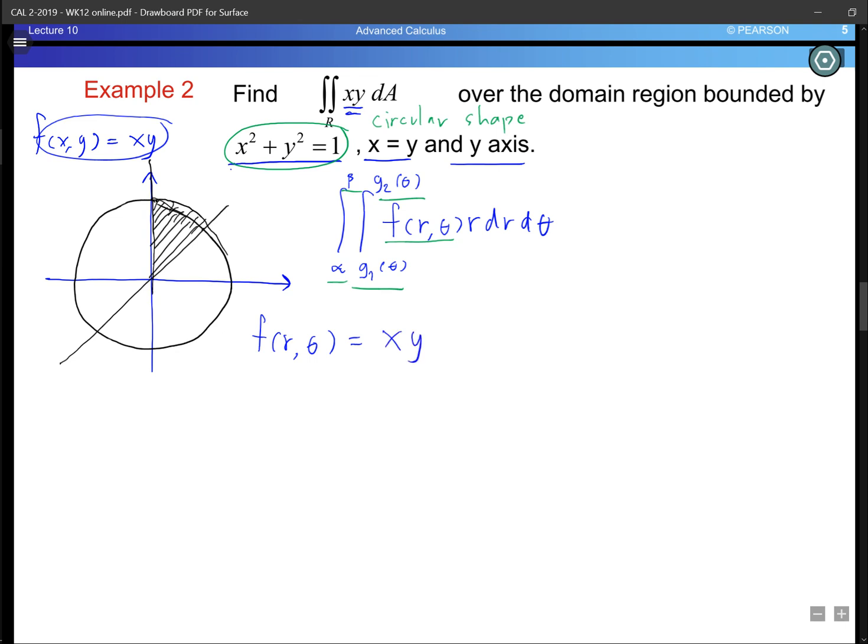And we can't use this right away because this is x and y. So we need some translation from Cartesian coordinate to the polar coordinate. So we are going to use the relationship that we talked about at the beginning of this lecture.